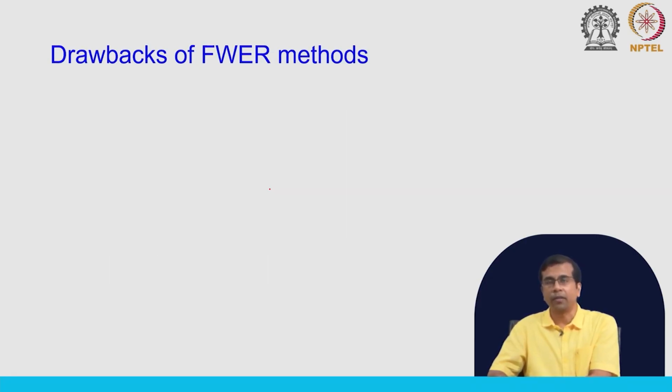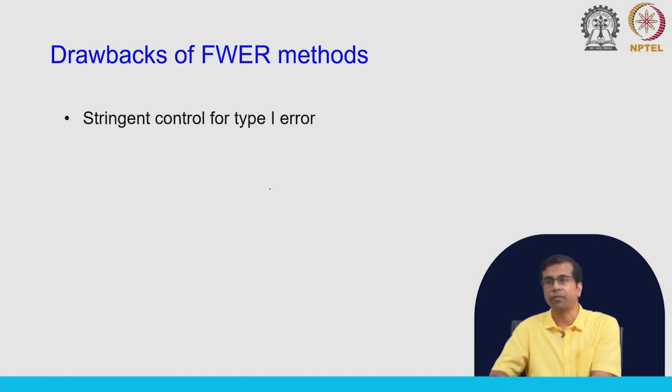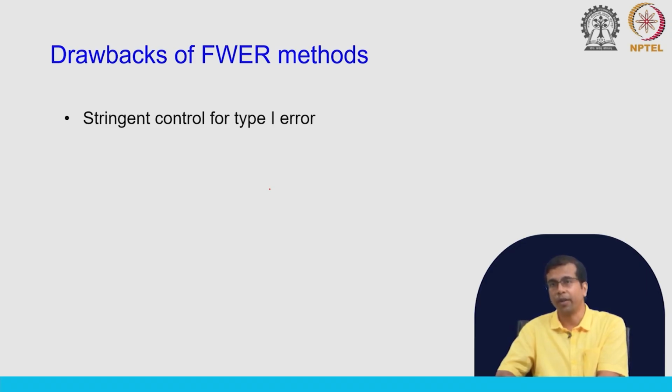So, what are the drawbacks of these FWER methods, the family wise error rate methods? One is, of course, this is very stringent control for type 1 error. We are worried even about committing a single type 1 error, because we want to keep the overall alpha at 0.05, even after doing these 10,000 tests.